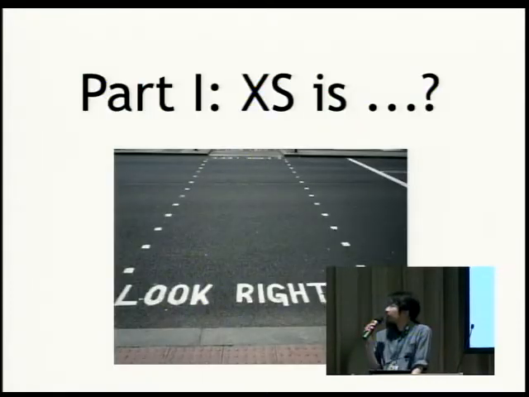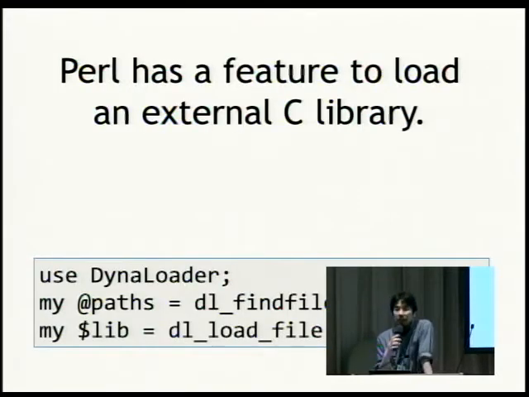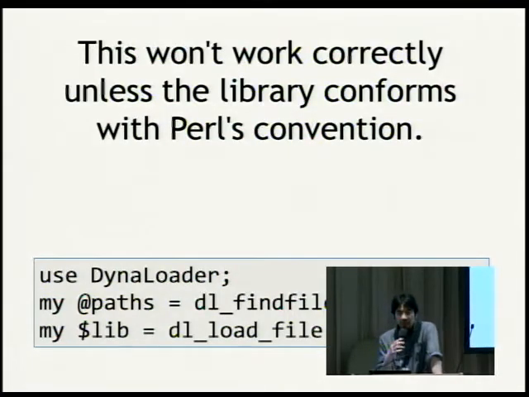Then first, I'll talk about what is PerlXS. Perl has a feature to load an external C library. But this naturally won't work correctly unless the library conforms with Perl's convention, because Perl and C are different languages.